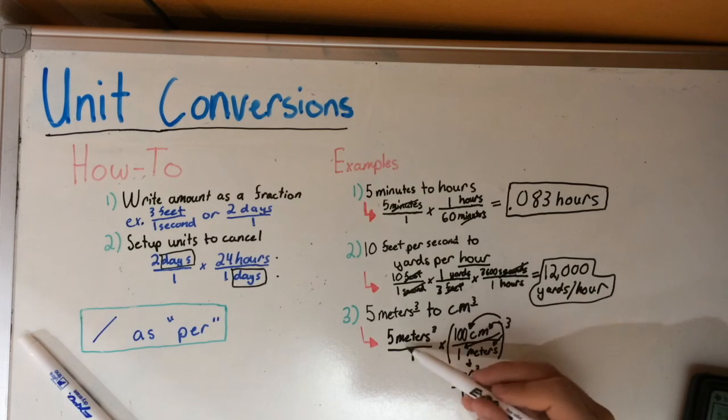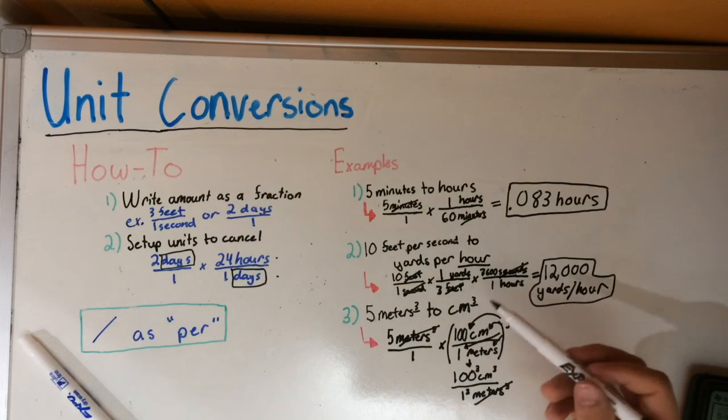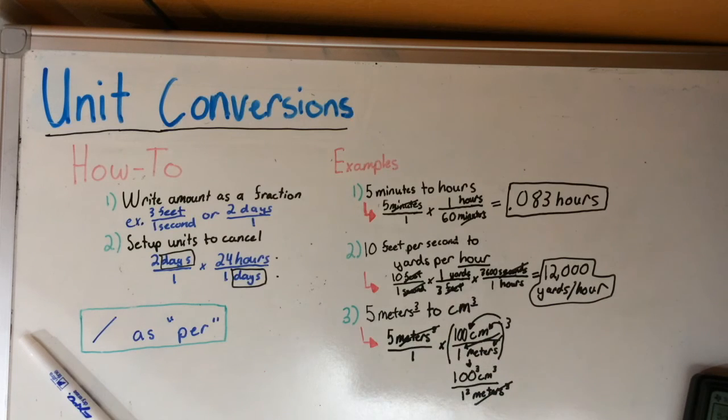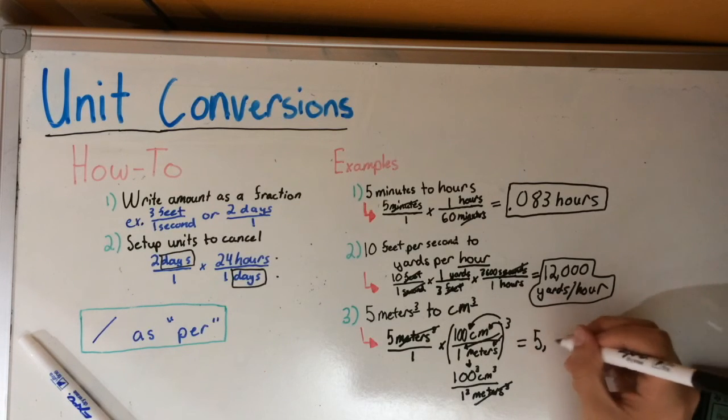So we know that our meters cubed cancels, so that's great for us. 1 cubed is just 1, and then we're left with 100 cubed on the top times 5. So we'll go ahead and do 5 times 100 cubed. So 100 cubed times 5 gives us 5 million, I believe. So we'll write that down.